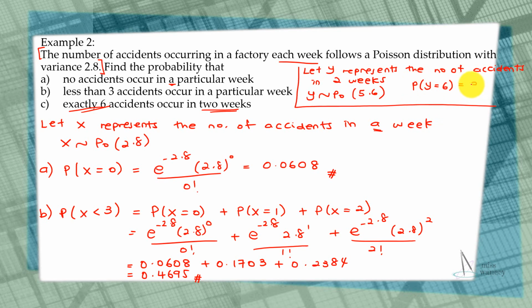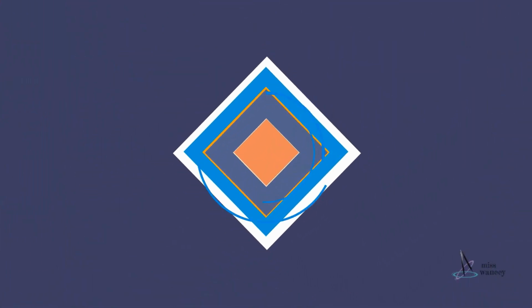So this is e to the power of negative 5.6, 5.6 to the power of 6 divided by 6 factorial, and this answer is equal to 0.1584. So that is the answer for the second part. Okay, so see you in the third part.